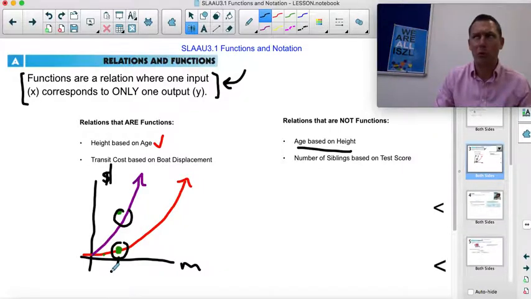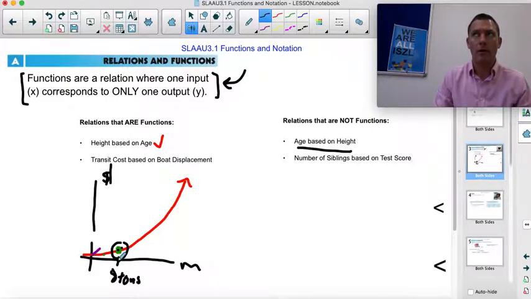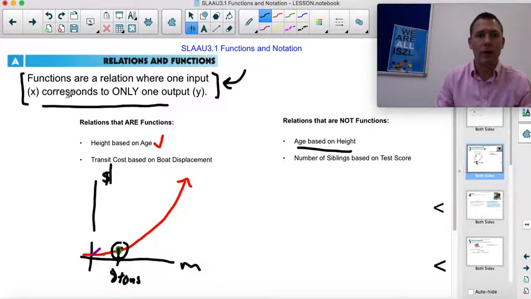My boat was 8 tons, so I want an 8-ton boat to only have one cost to go through, not two costs and then somebody else picks. Why would there be two costs? We want one value, one displacement to have only one cost. And so that's this again: 1 x corresponds to only 1 y.